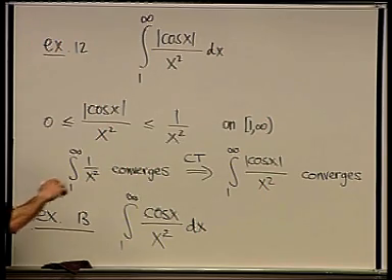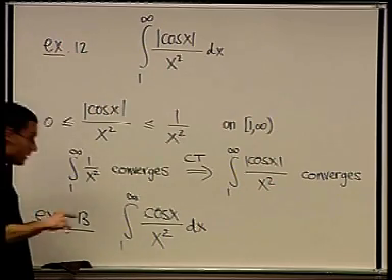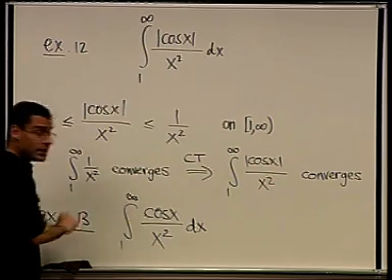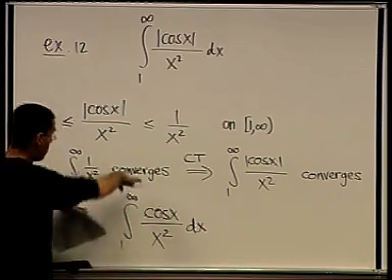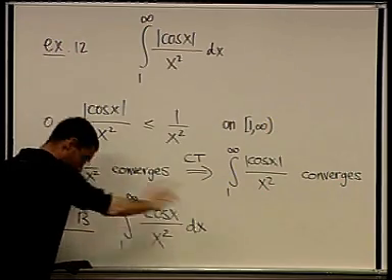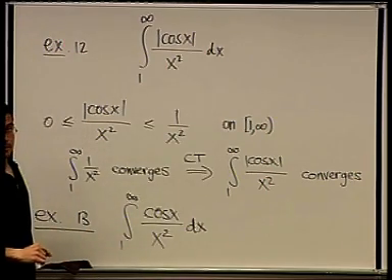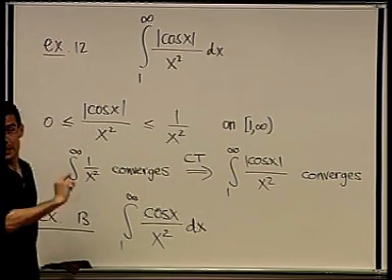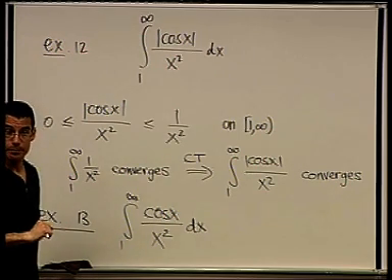This we cannot run a comparison test on. This is not a non-negative function. If I just put this on the board without everything that precedes it, and somebody tried to run a comparison test on this, it's wrong. You cannot apply a theorem when its conditions don't hold. Okay?